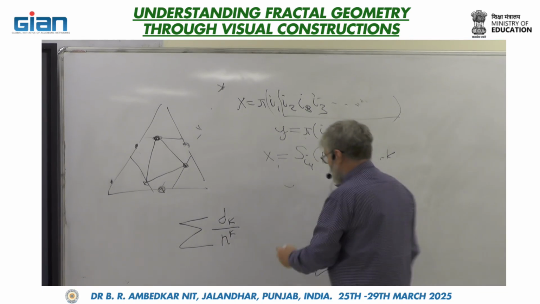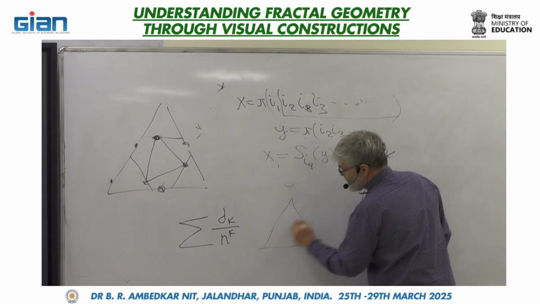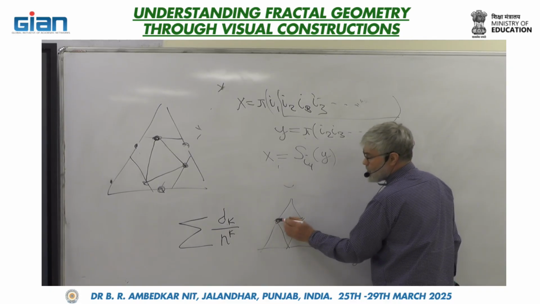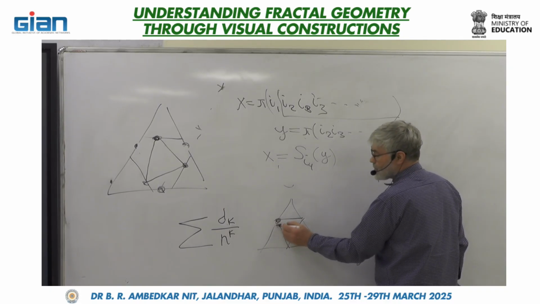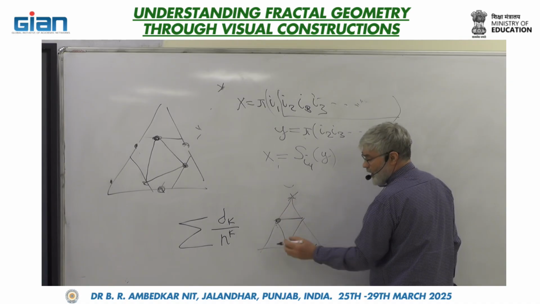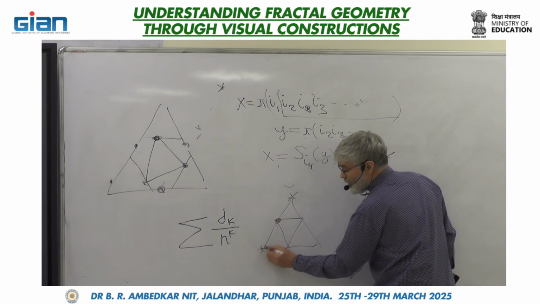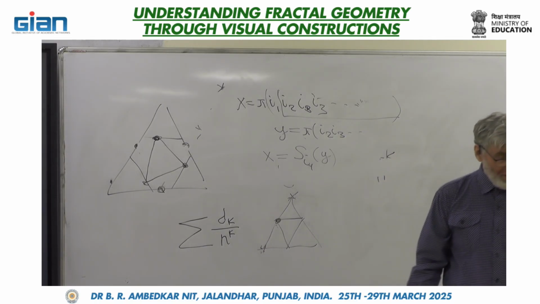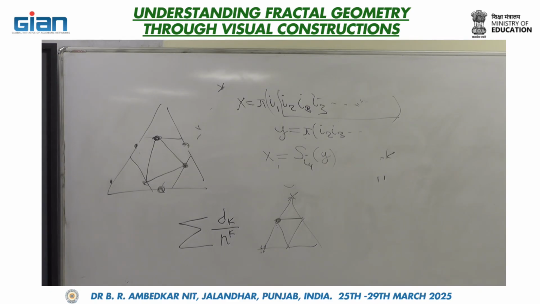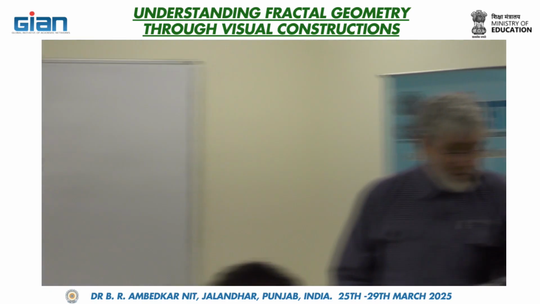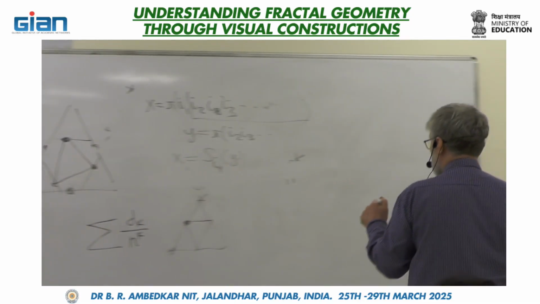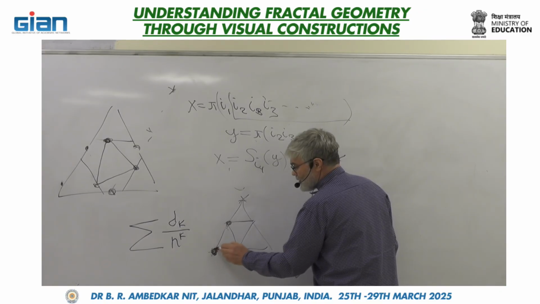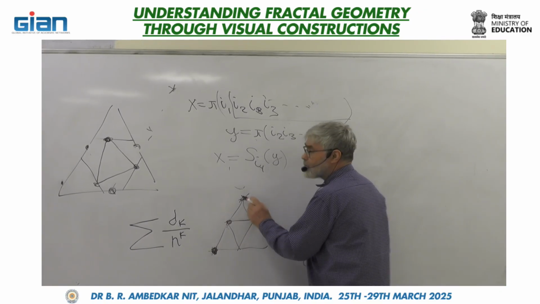But in some cases, these predecessors are always the same. For example, this point has two predecessors, this one and this one. And these points are predecessors of themselves, because these are periodic points. So this point is an image of this point and this too.